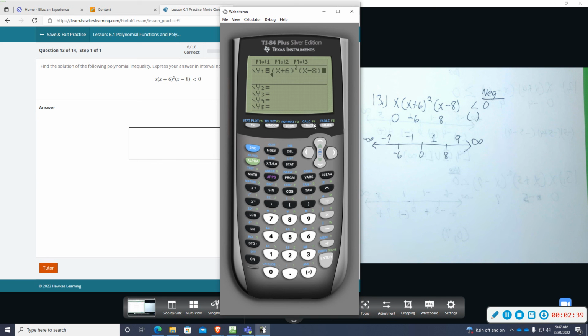Always double check. It's easy to mistype, or you might hit the wrong button. So just verify. It looks all correct. So I'm going to hit second and graph to see the table.